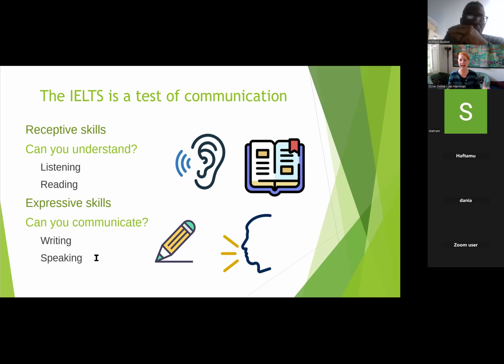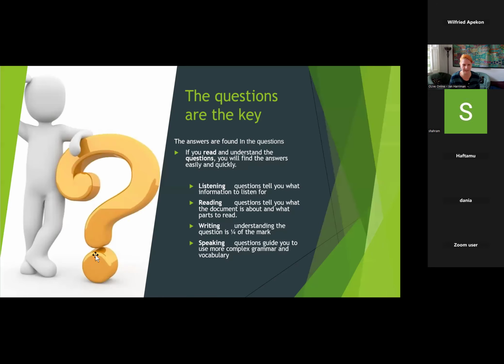Obviously, the more accurate sentences you can write, the better. But even at level 8, you can still make mistakes so long as they're not repeated, and certainly so long as they don't obscure your meaning, and so long as they can understand you. And this is also true of speaking. Even if you get an idiom wrong, you still get the marks. All right. So that's what we're going to be focusing on.